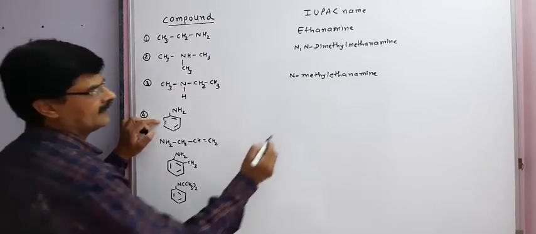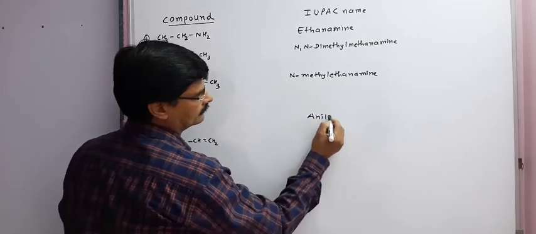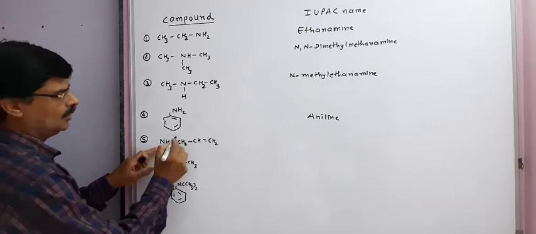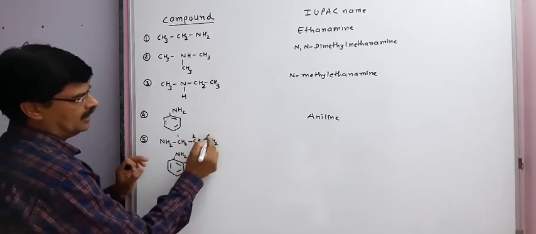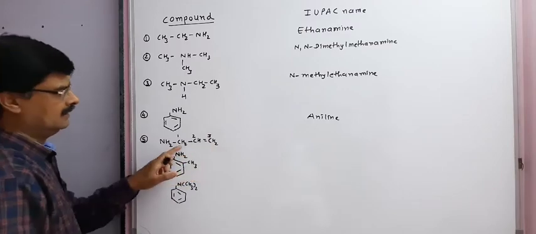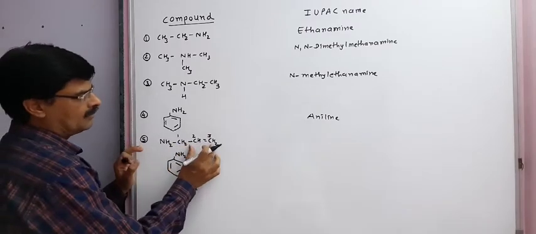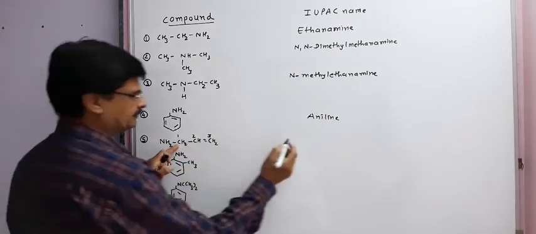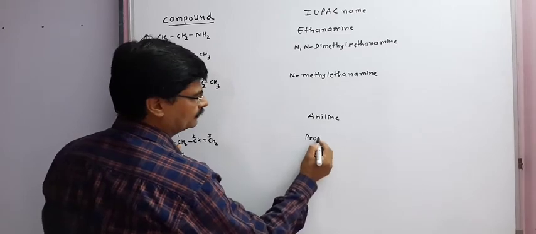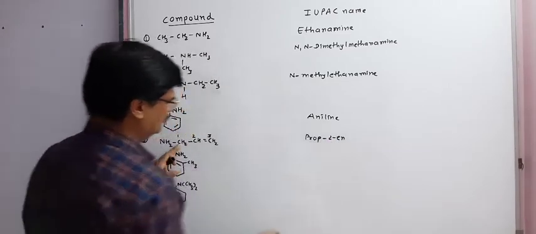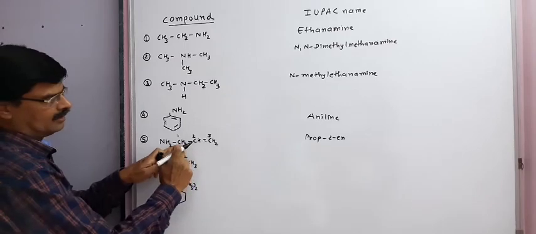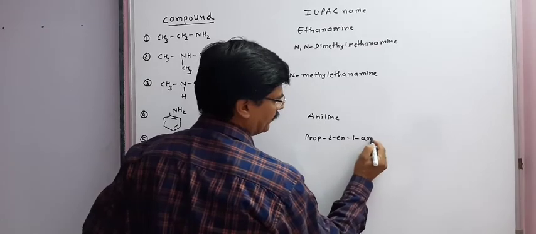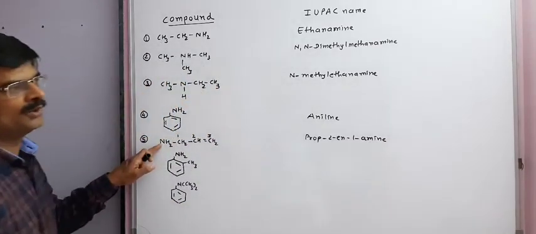Now the fourth one is known as aniline. Now the fifth one, NH2 on carbon number 1, and the total number of carbon atoms is 3, but on the second position we have an ethene, alkene group. That is why prop-2-en-1-amine.